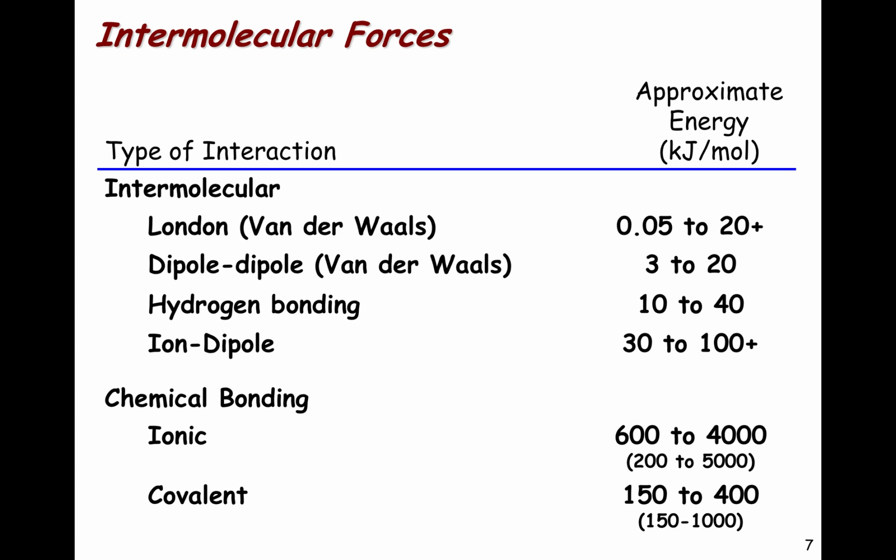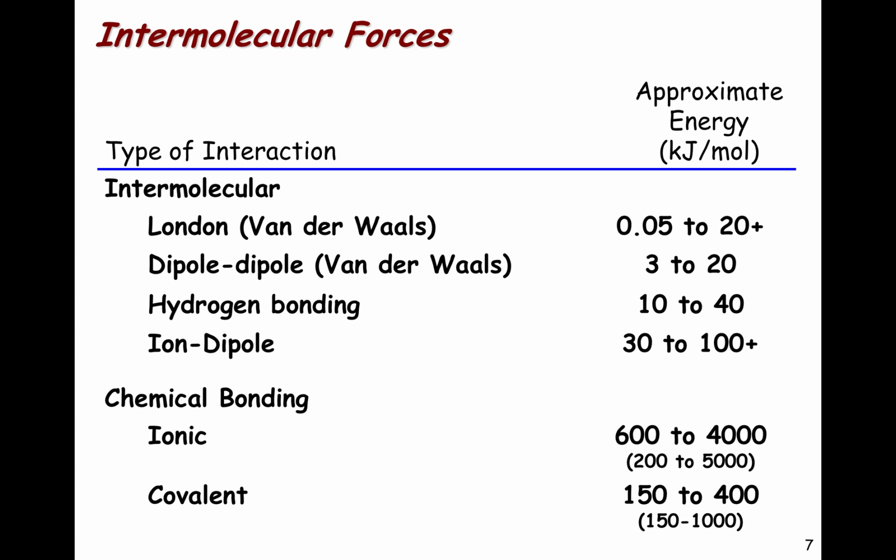But they tend to be, overall, on average, weaker than the dipole-dipole interactions for molecules that have dipole moments, whereas those tend to be weaker than the hydrogen bonding interactions for molecules that can form hydrogen bonds, and of course those are weaker than the so-called ion-dipole interactions.